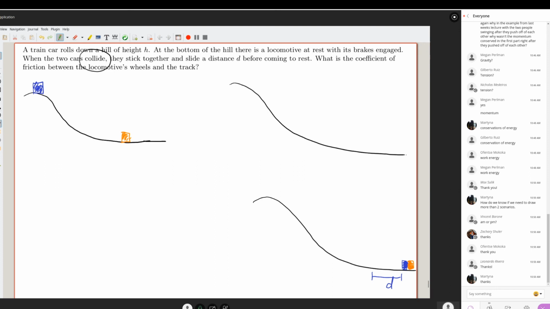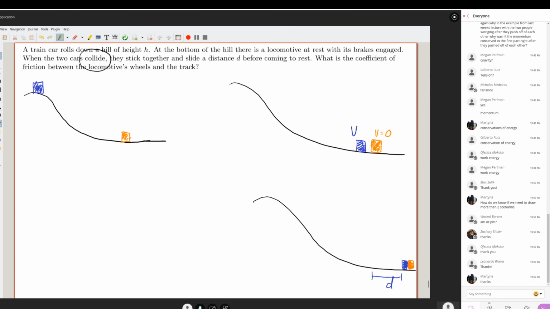So here, I know that right before the collision, this is a split second before the collision, that one's not moving, but this one's moving.